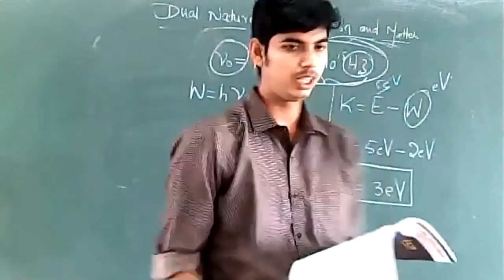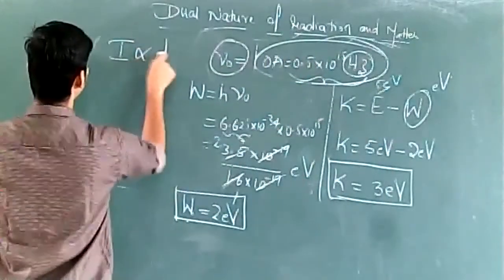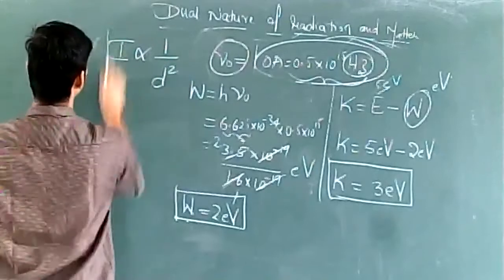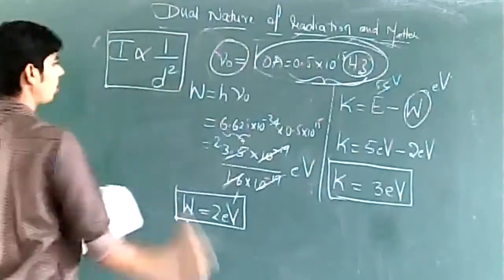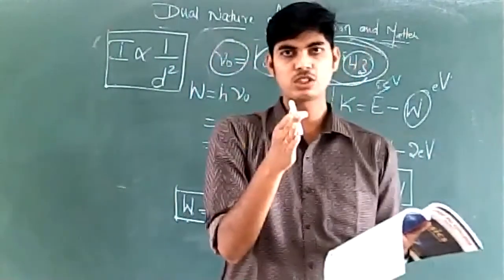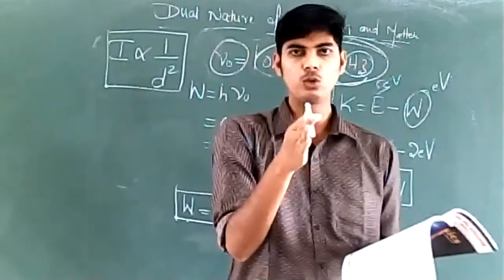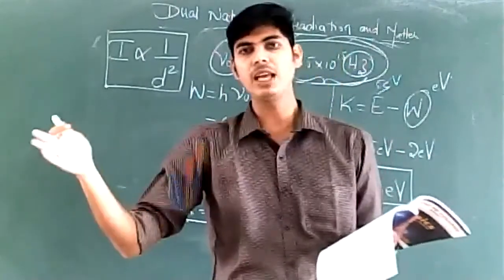For 15, you just make use of this idea: intensity is inversely proportional to the square of the distance. This is the hint for problem number 15. Here they move the source away from the emitter plate.